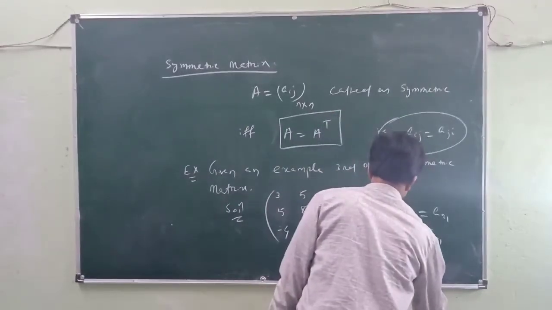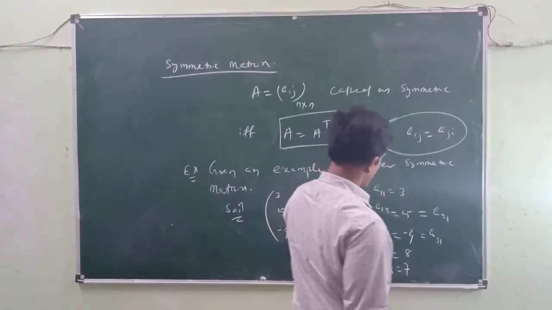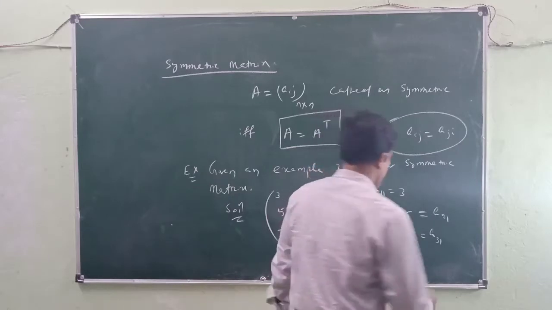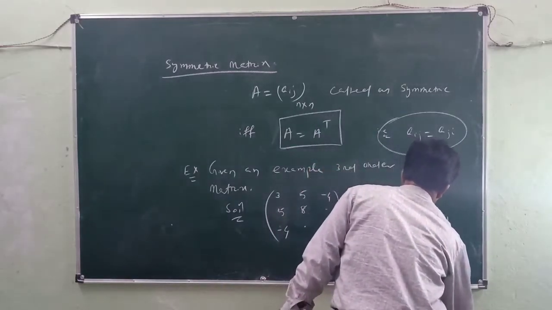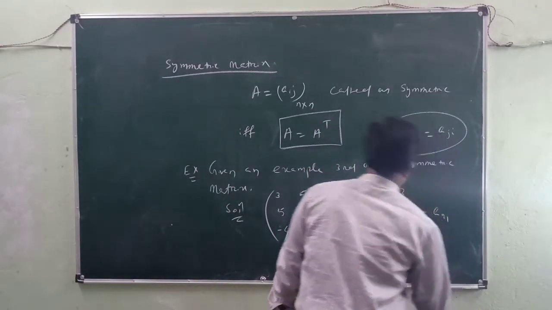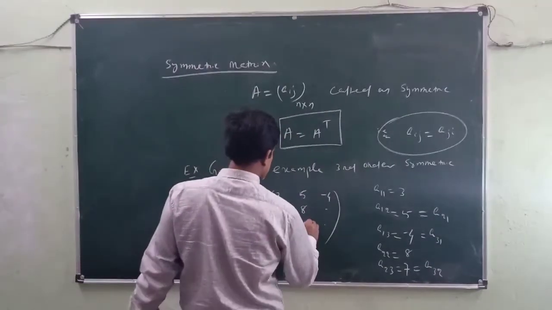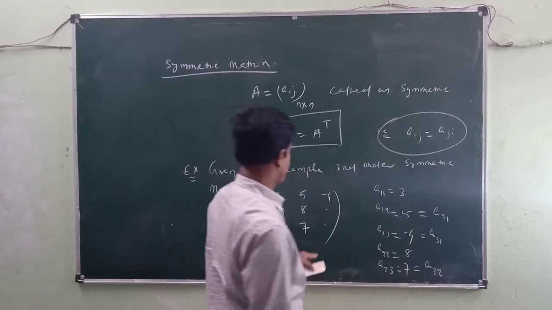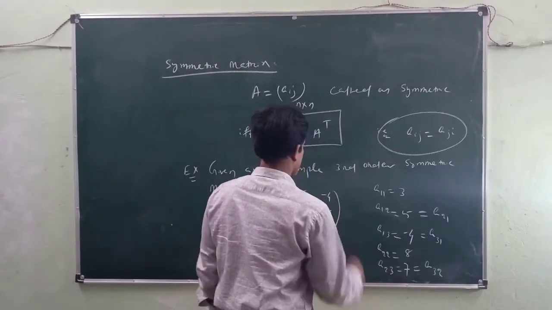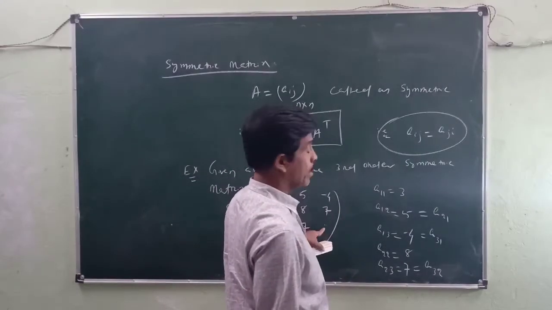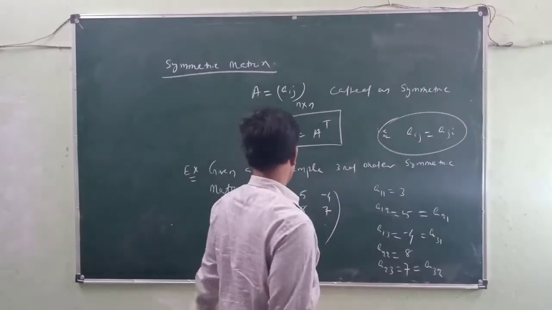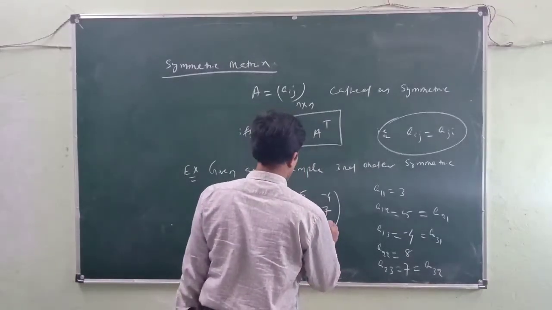Suppose I write 8 here. Then this position is a23, so you write any value. Suppose I write 7. Since the value of a23 equals 7, then that 7 will be the value of a32. So in a32, you write 7. Then in a33, you write any value. Suppose I write 4.